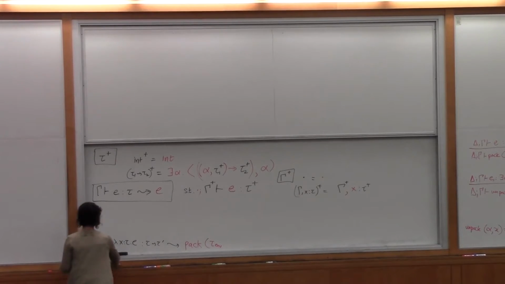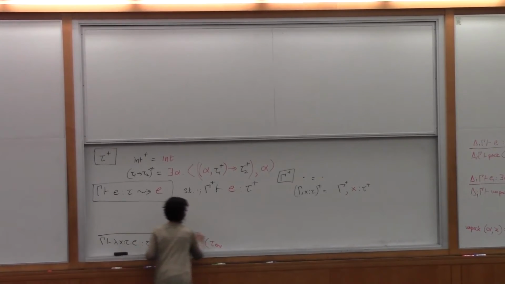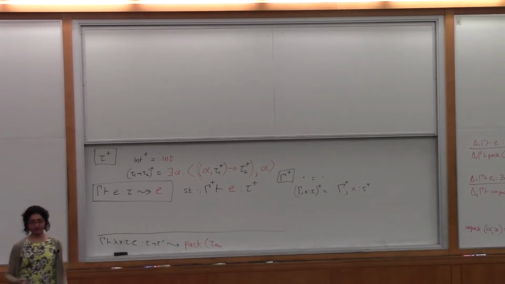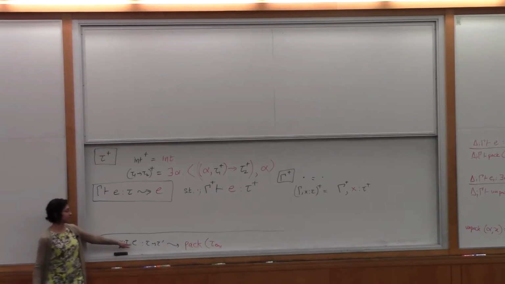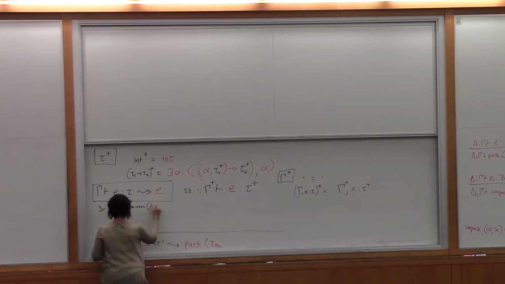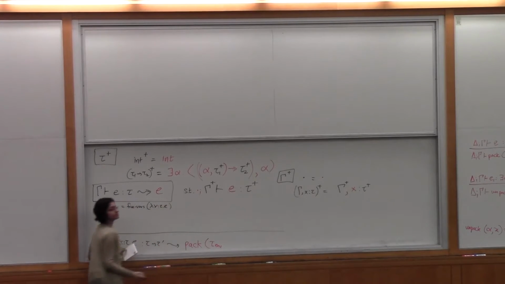So let's go above the line for this page and start figuring it out. Well, since this is closure conversion, the first thing we have to do is look at this function and figure out what all the free variables are in that function. Okay, so let's assume that y1 through yn are the free term variables of our lambda x colon tau dot e.